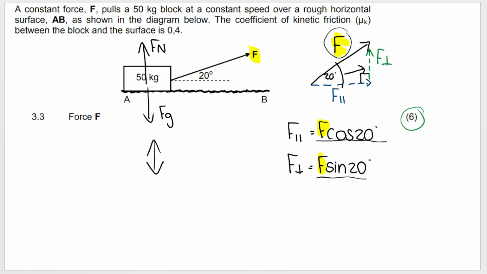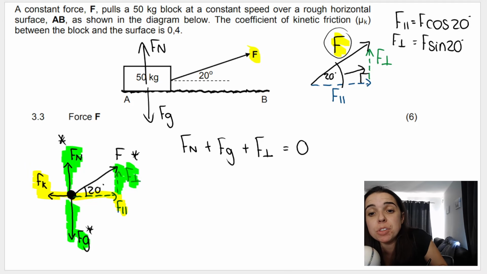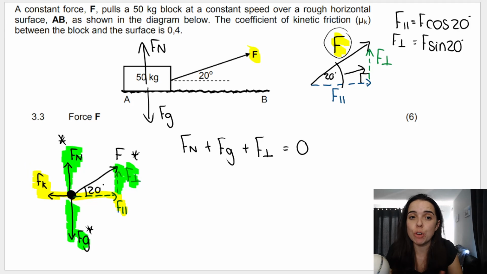So how do we do it? We need to take all three of these green highlighted forces, and if I add them together, so we're going to go Fn plus Fg plus F perpendicular, all of those three added together will equal 0. Now again, how do I know that those three added together will give me 0?